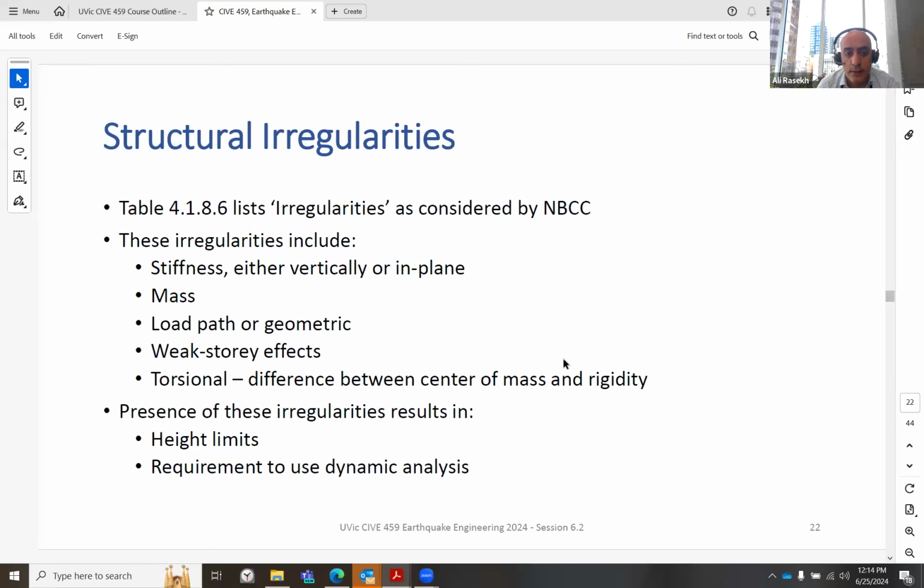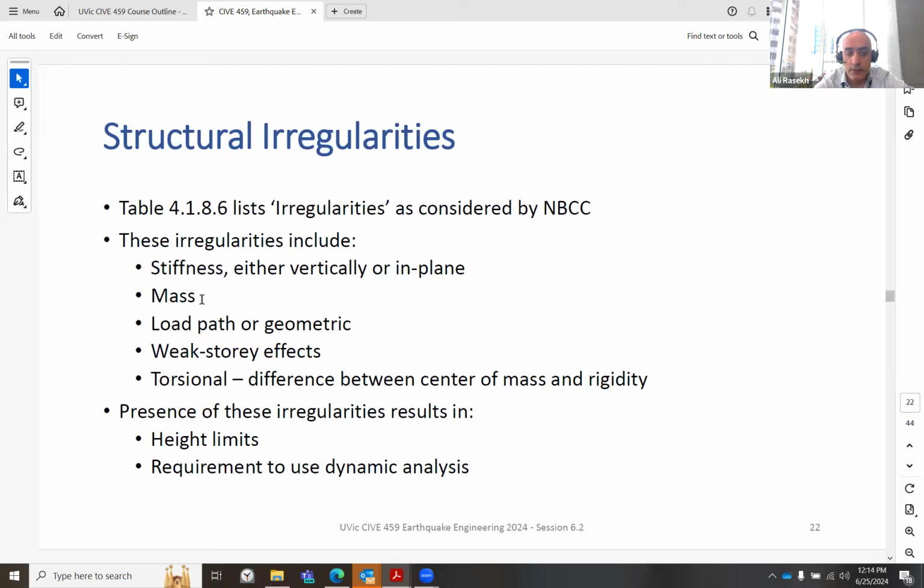What is a structural irregularity? The irregularities are in NBCC, and what makes a structure irregular? When the lateral stiffness of a structure changes mainly from one floor to the next, or from one elevation view to another elevation view.